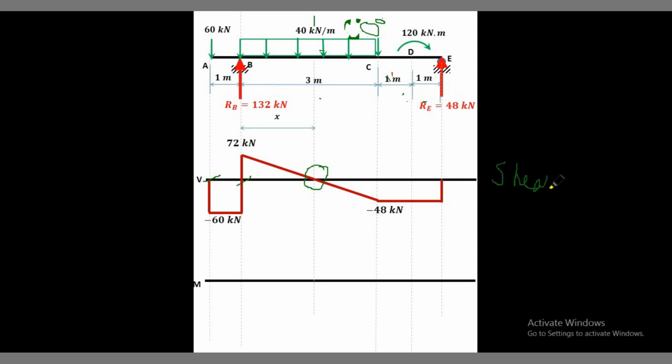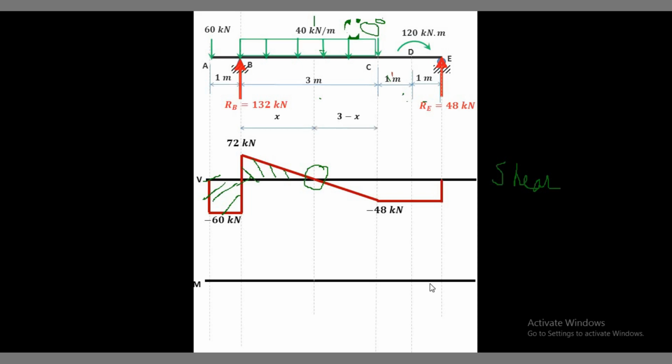This is my shear. Madali na lang na makuha ko yung area nito kasi this is a rectangle. This is a triangle, but I need to know the value of my x para makuha ko yung area nitong triangle na to. Paano ko makukuha ngayon yung value ni x?